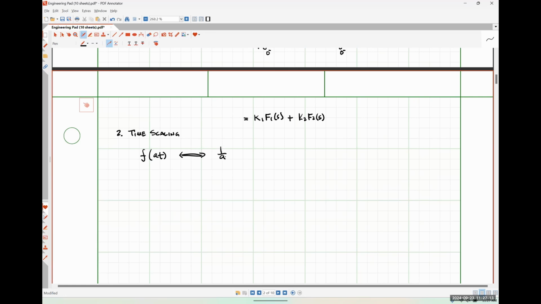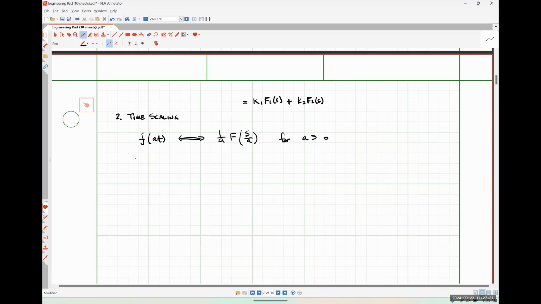So I will get a Laplace transform of 1 over a times F of s divided by a, for some positive value of a.